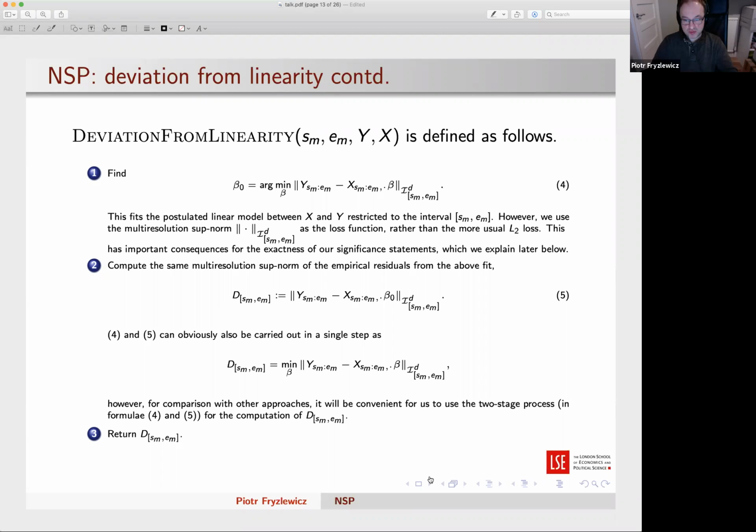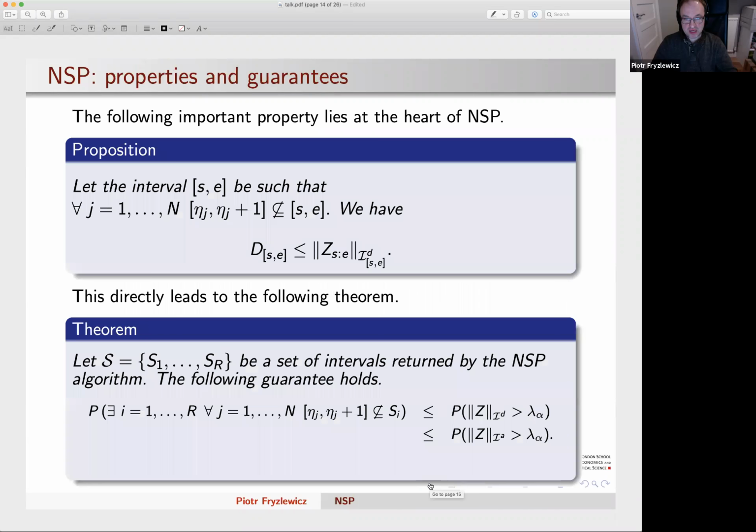Now, back to the proposition, what does this imply? It implies that if I don't have a change point on my interval, then my deviation from linearity, trivially, practical proof is 1 line or 2, is not larger than the same multi-resolution subnorm of my true residuals, which I can't see, of course. And this is an important statement for me because it leads directly and easily to this theorem. What does this theorem say?